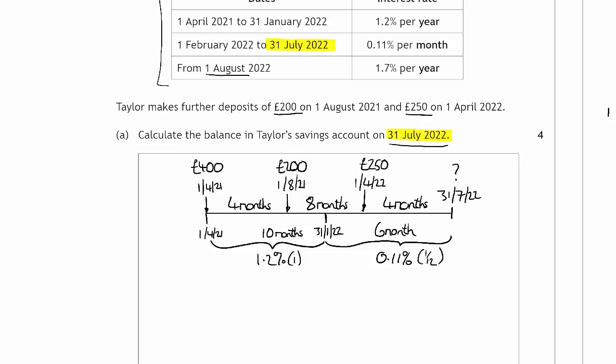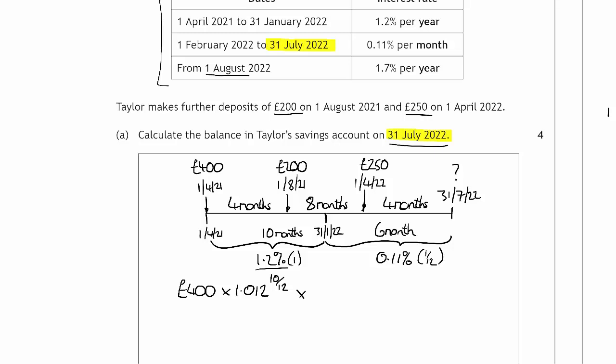So let's look at the £400. This is when it's good using the bottom part. That multiplier is 1.012, and that's been in for 10 months. Its effective rate of interest is per year, so that is going to be 10 over 12.